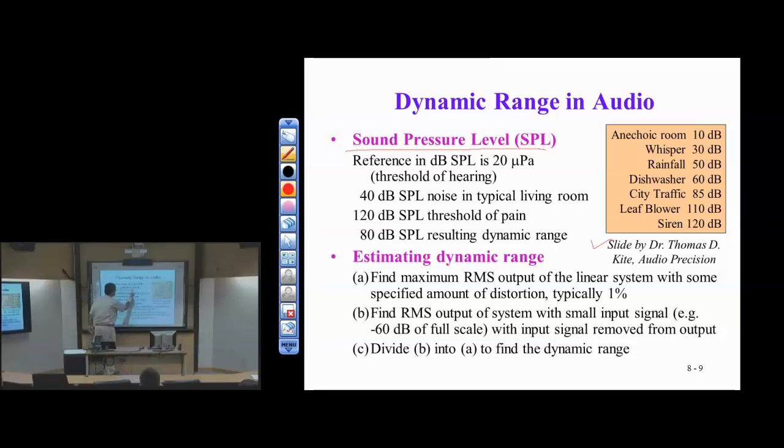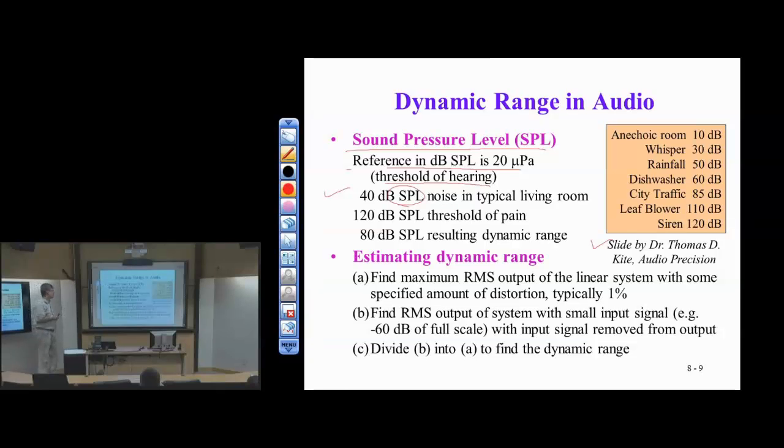So we have a reference sound level, which is basically 0 dB is 20 micropascals. For those who know acoustics, this has meaning. For me, it's another unit that I can use in calculations. All right. Given this reference of 20 micropascals to mean 0 dB, 40 dB is the sound pressure level in a typical living room or dorm room scenario.